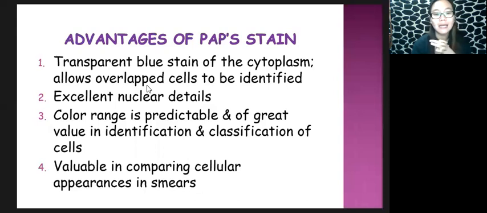Lastly, it is valuable in comparing cellular appearances in your smears. The advantages of your PAP stain are also attributed to the two counterstains which are incorporated. That's why we are able to classify which one is mature, which one is immature. So those are the different advantages of your PAP stain.